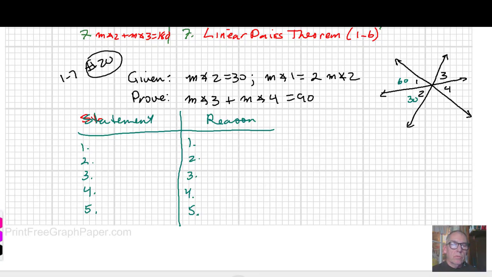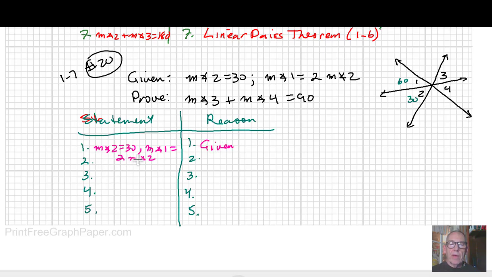So let's do measure angle 1. Well, let's get all these in here. Measure angle 2 equals 30. Measure angle 1 equals twice measure angle 2. It's given.